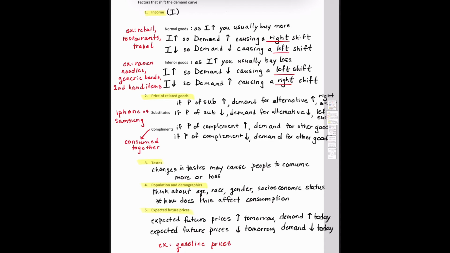Okay, so what about complements? Complements could include left and right shoes, perhaps a Big Mac and a Whopper would be, excuse me, that's an example of a substitute. Think about a hot dog and a hot dog bun, complements that are consumed together. So let's say you are planning on hosting a huge backyard barbecue for 4th of July.